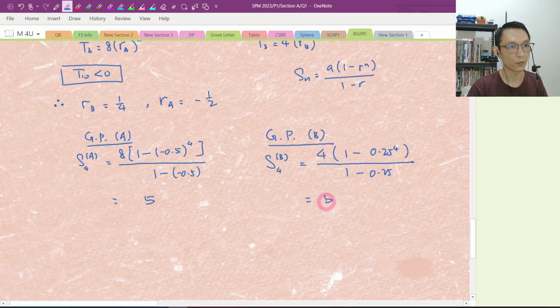Okay, here you get 5.3125. So from here, when you compare these two, you know that the sum of the first 4 terms of geometric progression B is actually larger than the sum of the first 4 terms of geometric progression A.